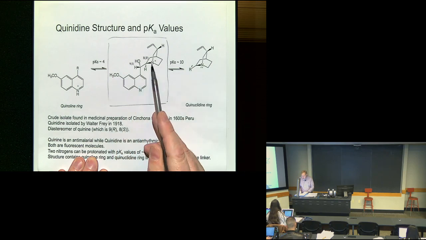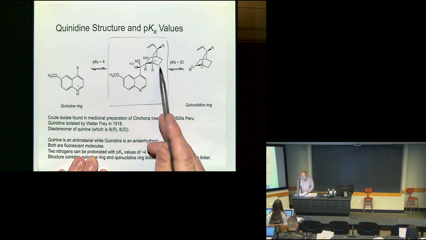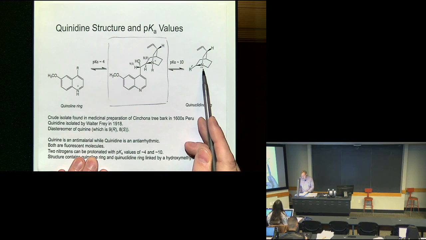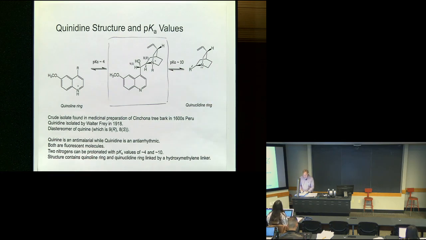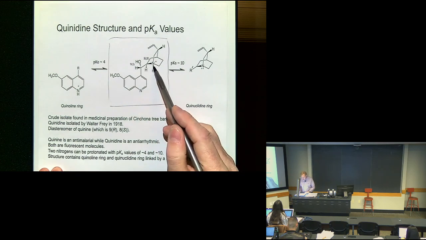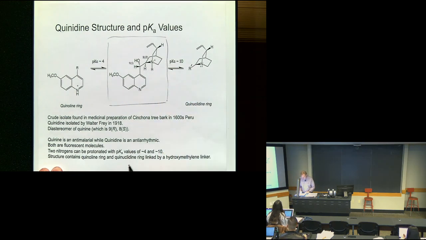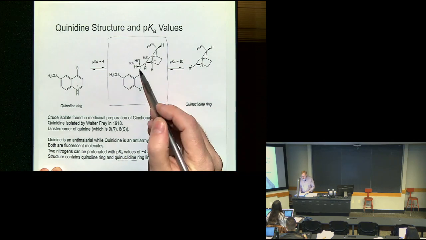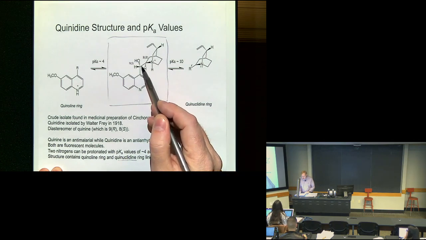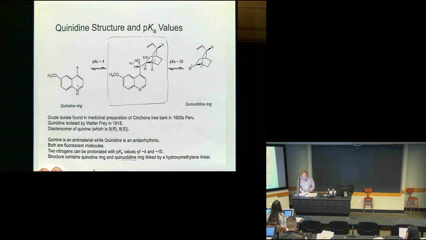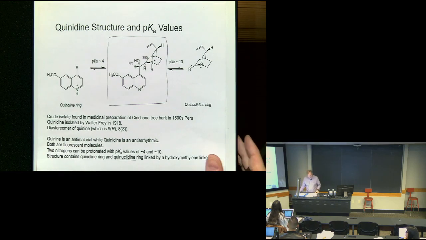And then if you go to this other one, can hold on to its proton better, and when you get to basic pHs above 10, you predominantly lose this form. And these two rings, the quinone ring and the quinuclidine ring, are just linked by this simple hydroxymethylene linker. All right.